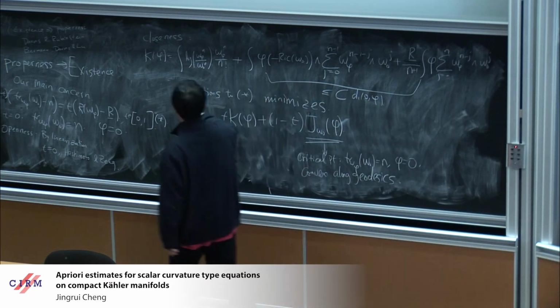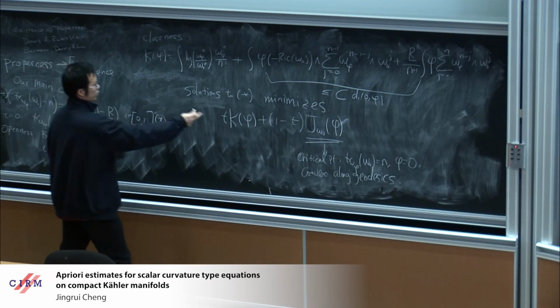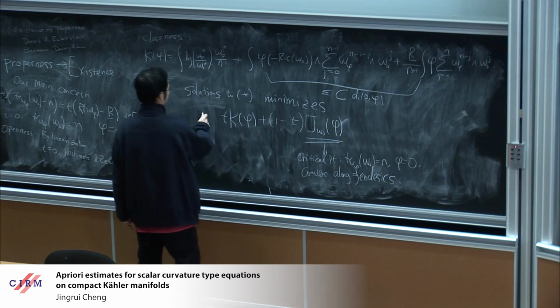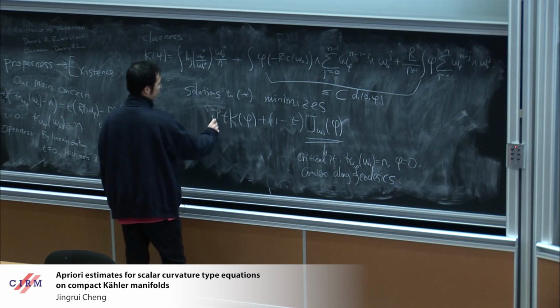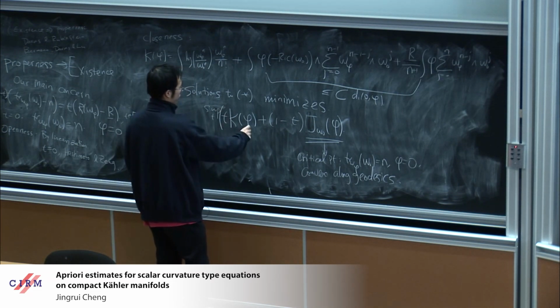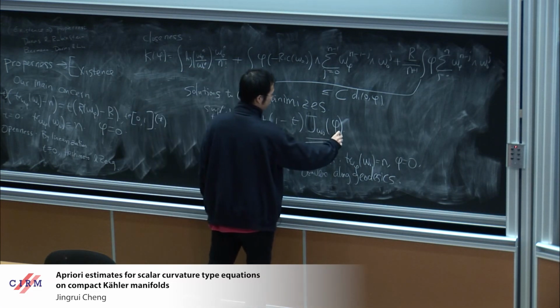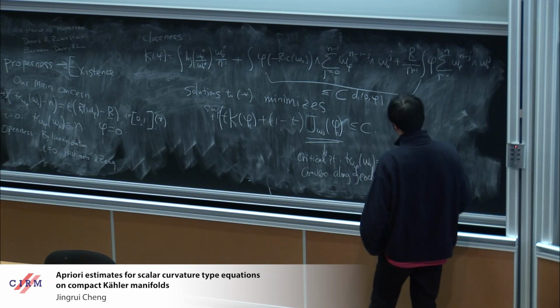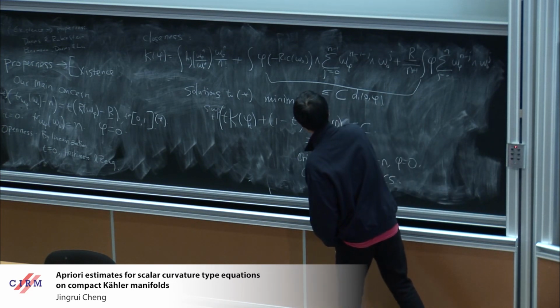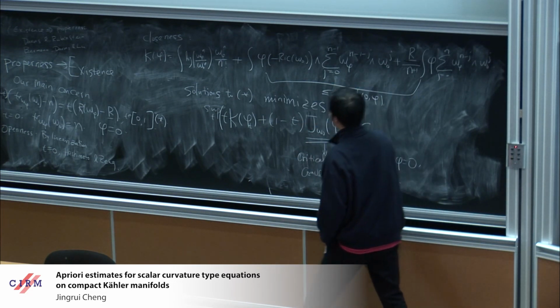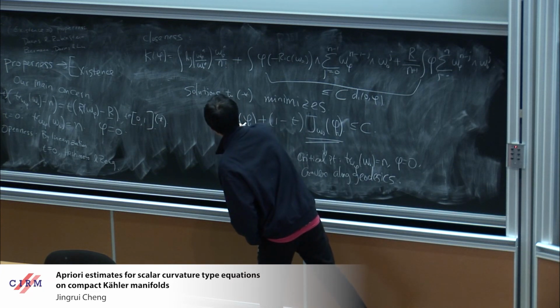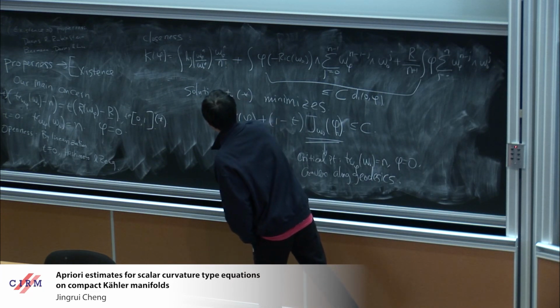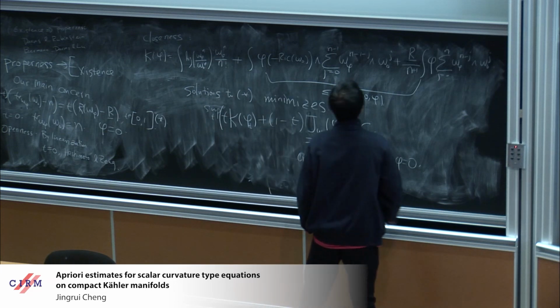Now, solutions to star minimize this functional, which means that this functional is uniformly bounded from above. Let's call the solution phi_t; the functional is less than or equal to C. Now we already know that the second part is bounded from below, which means that the K energy must be bounded from above along the path, at least if t is bounded away from 0.